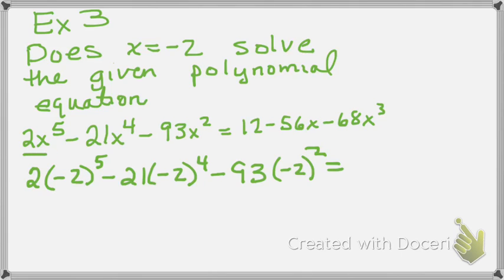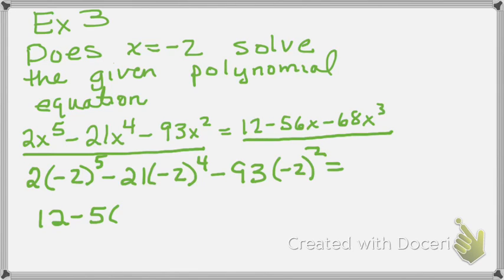So all I'm doing right now is the left-hand side, okay? And you're going to want to write that in your notes too, so take the time to do that. So the next one we got 12 minus 56 times -2 minus 68 times -2 cubed. So type that in.